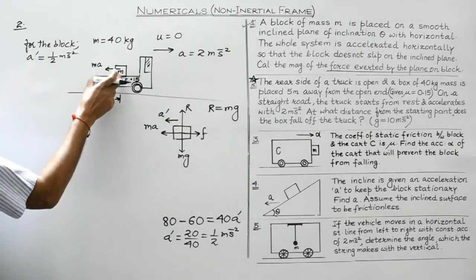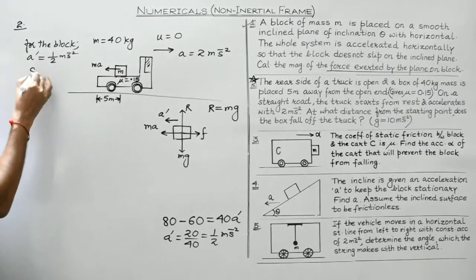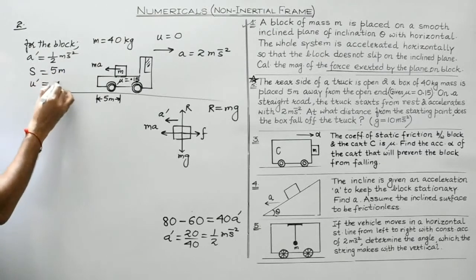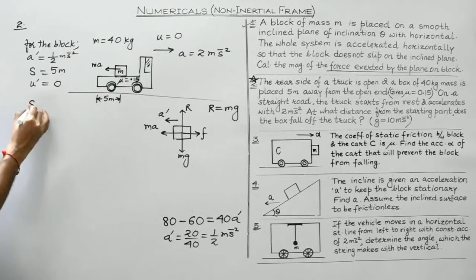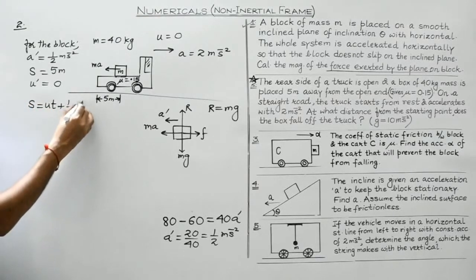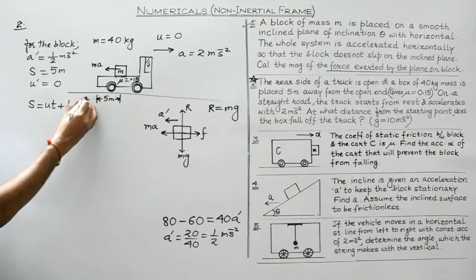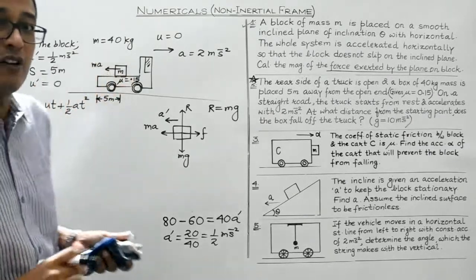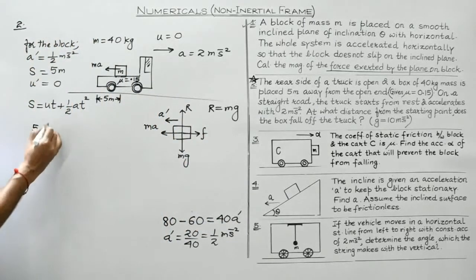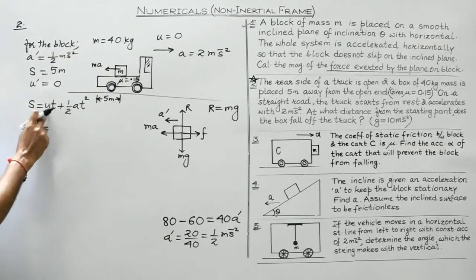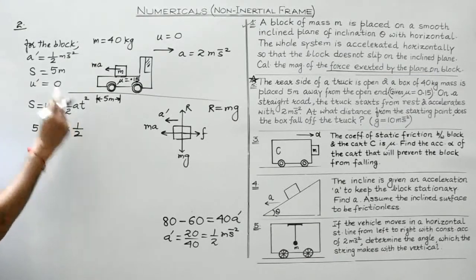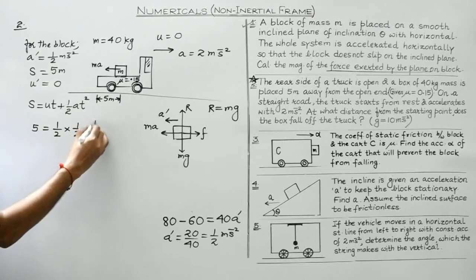And the distance before it falls off the truck is 5 meter. Initially, the block is at rest. So we can make use of the second equation of motion, S equals ut plus half at square, isn't it? So the distance which the block needs to cover so as to fall off the truck is 5 meter. So it is 5. Initially the block is at rest, so this term gets eliminated. Half into a is half, and t square.